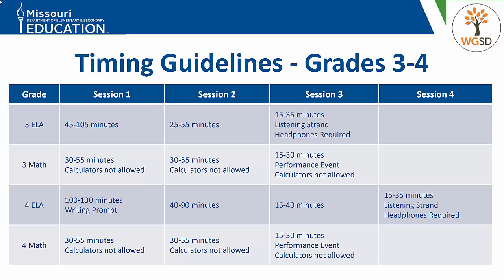Here you will see the timing guidelines for grades 3 through 4. Grade 3 ELA, you will see 3 sessions. Grade 3 Math, you will see 3 sessions. Grade 4 ELA, you will see 4 sessions. Grade 4 Math, 3 sessions.